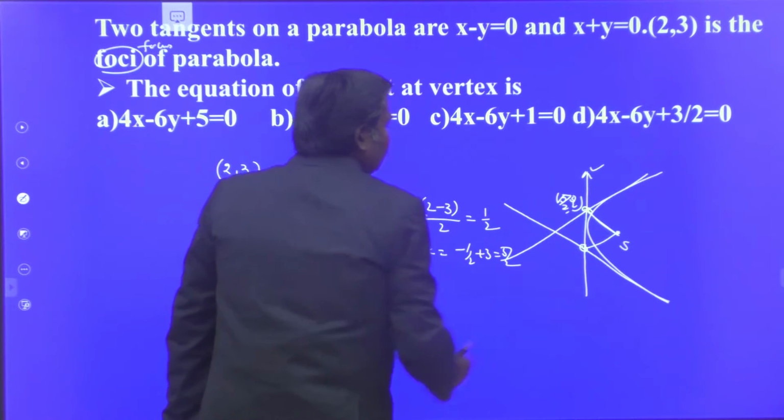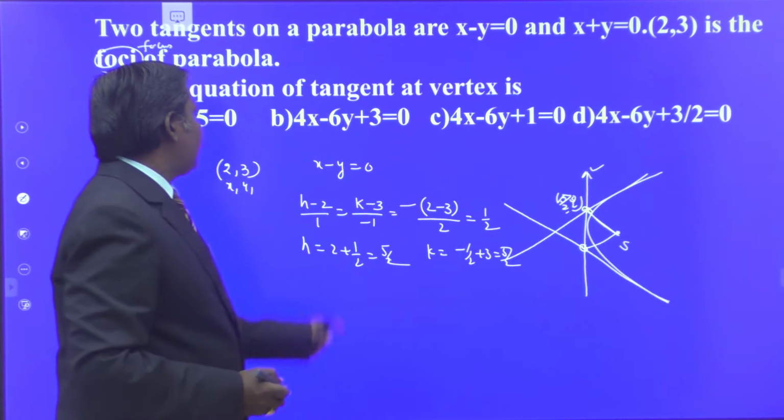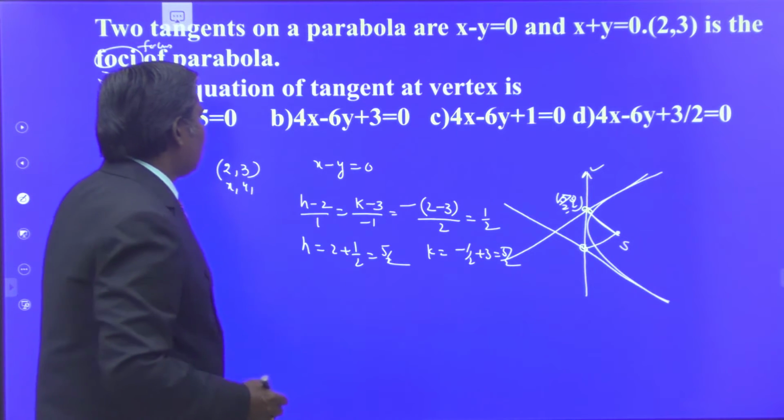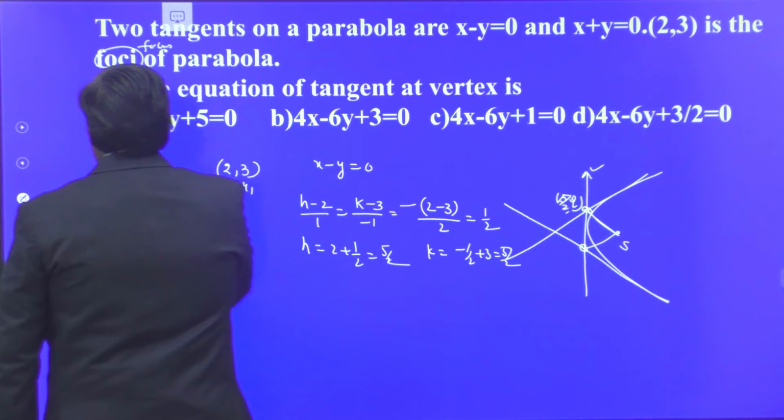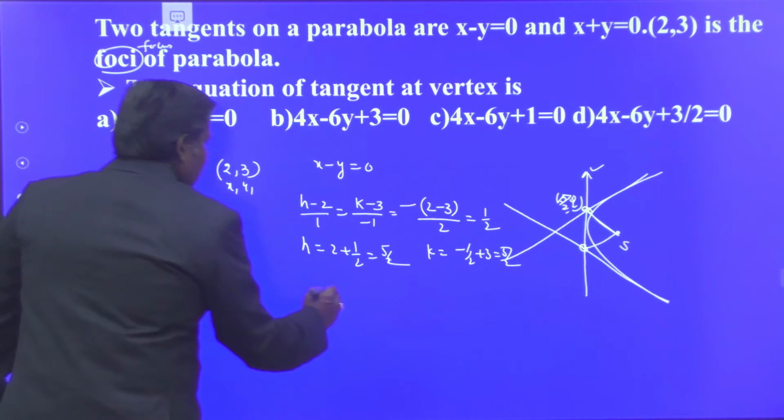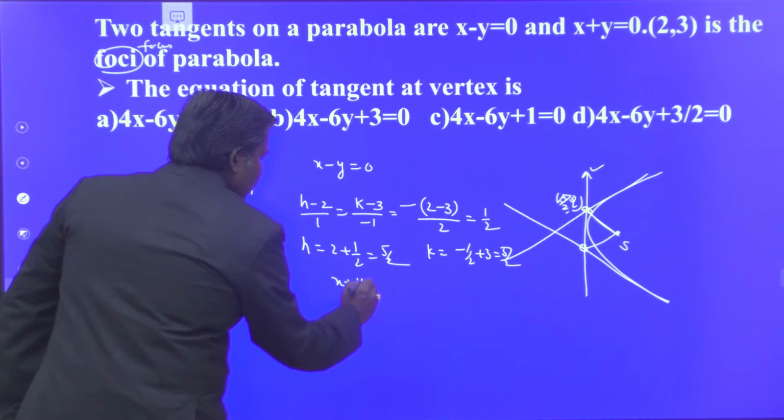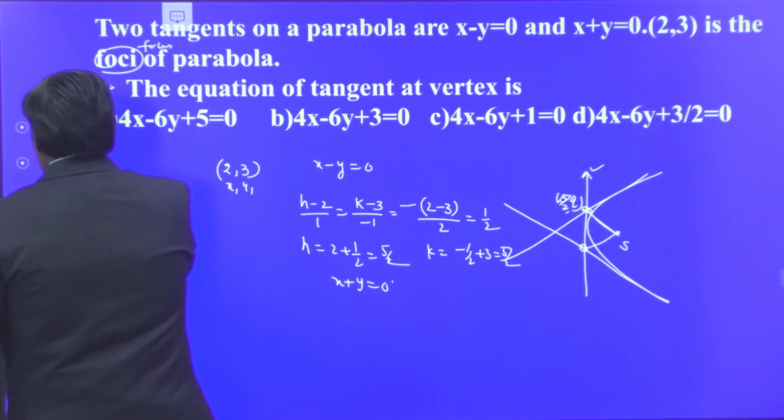Again, we have to find the foot of the perpendicular drawn from the same focus 2, 3 to the next line, x plus y equals 0. Your second line equation is x plus y equal to 0.